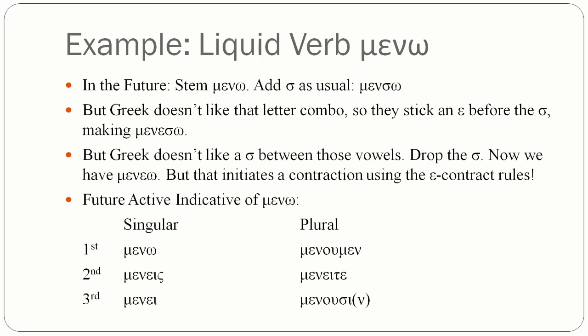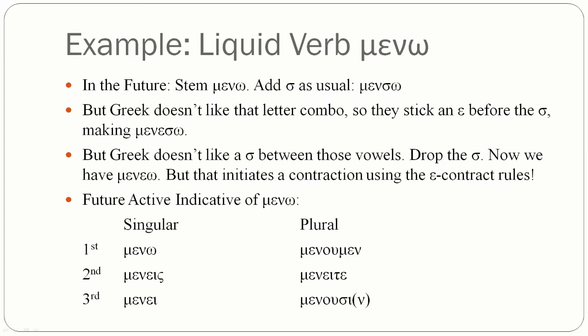Then your second person singular, meneis, third person singular, menei. First person plural now, because of the contraction there, you have menoumen. Epsilon plus omicron contracts to menoumen. Then you have menete in the second person plural, because of that epsilon contract. And then in the third person plural, it's simply menousin.